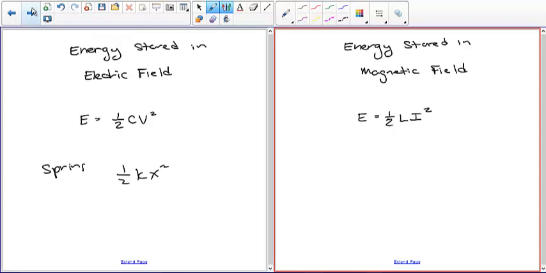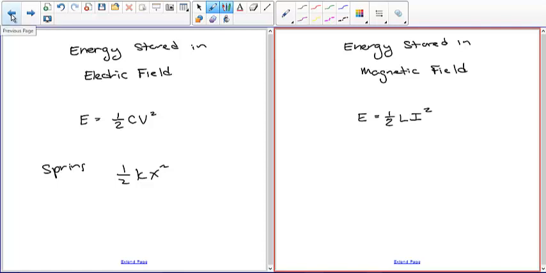And for a magnetic field, that's what I was trying to get to, the energy stored in a magnetic field is equal to 1/2 the inductance of the inductor times the current squared. So again, it has the same form: 1/2 some constant times some variable squared. In this case, it's current squared.